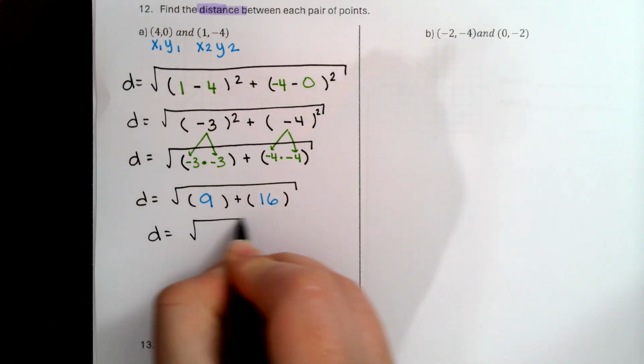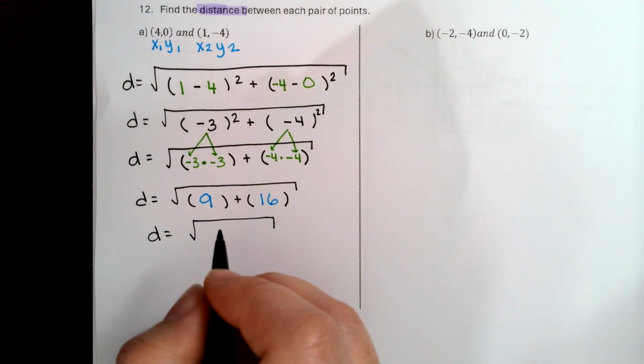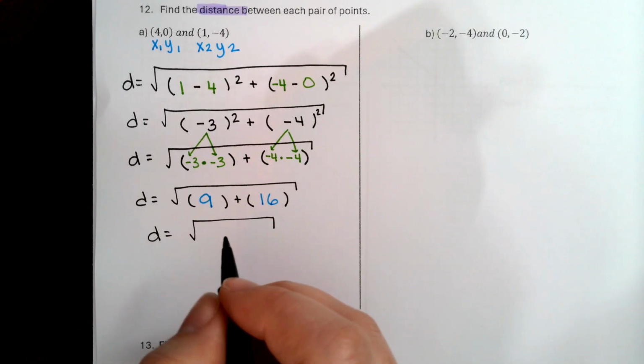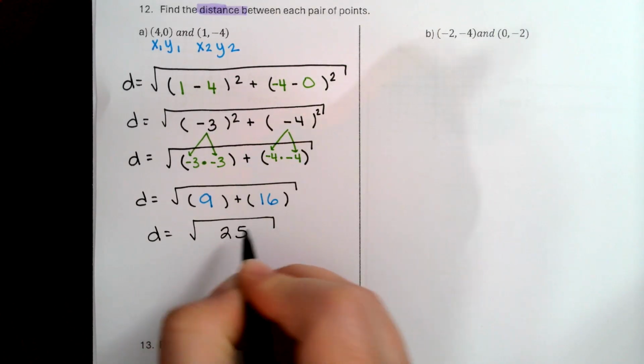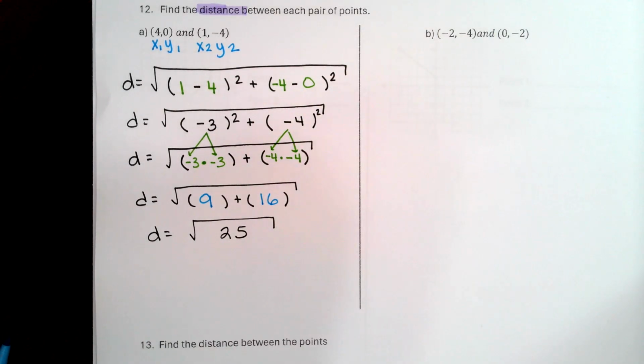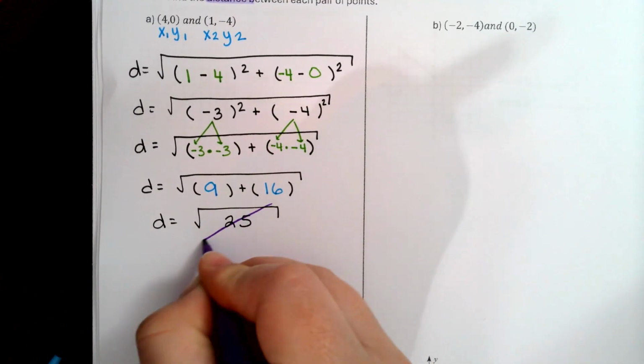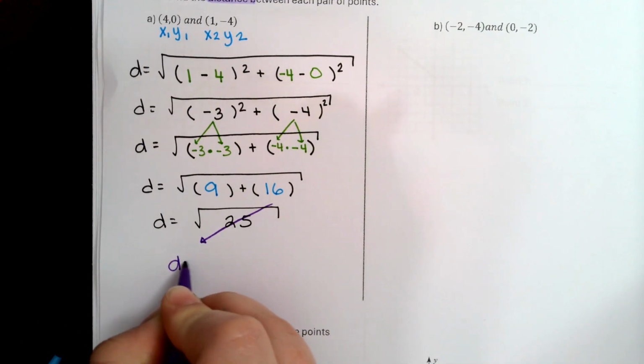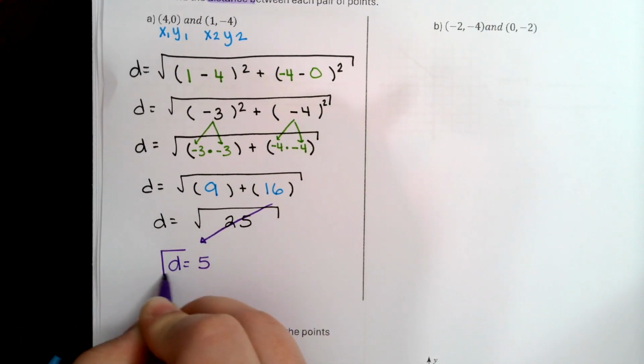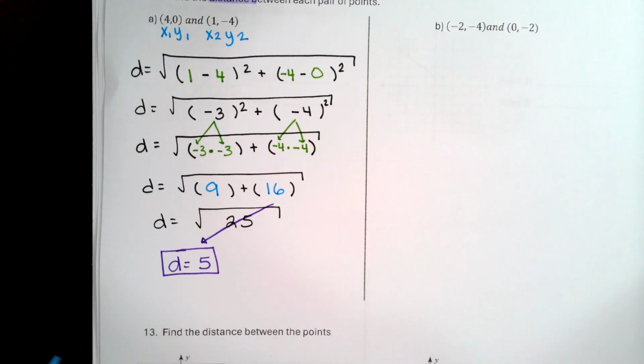Make our little house smaller. And here we are just adding 9 plus 16 is equal to 25. Now this is not your answer because we need to evaluate this. 25 is 5 times 5. So we can cross out the square root of 25, making our distance 5 without the square root, without the house. Okay, just 5.